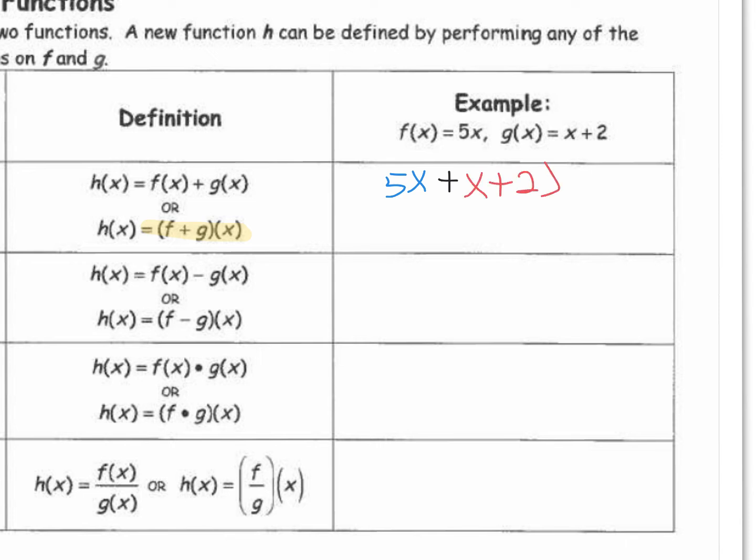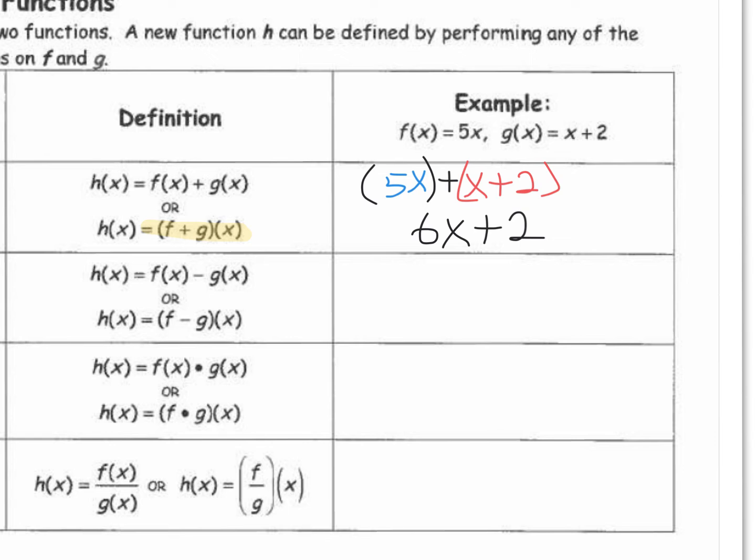Now, it's always wise to keep these in parentheses. It doesn't matter as much when you're working with addition, but now we're simply going to add these two functions, and we do that by just combining our like terms. We have 5x plus x, which becomes 6x, and then we just have the plus 2. So it's simply 6x plus 2, okay?